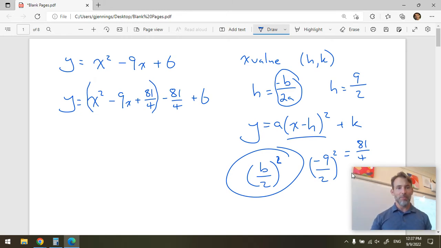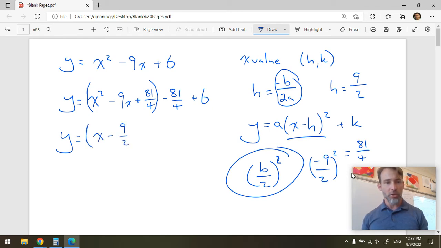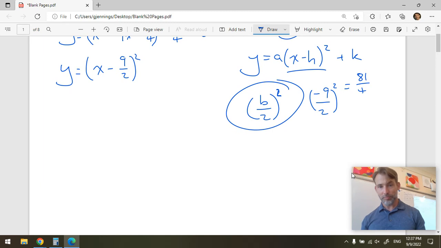So let's take a look. This is equal to y is equal to (x minus 9 over 2) squared. That is what we wrote down there. Let me prove it to you. (x minus 9 over 2) times (x minus 9 over 2).